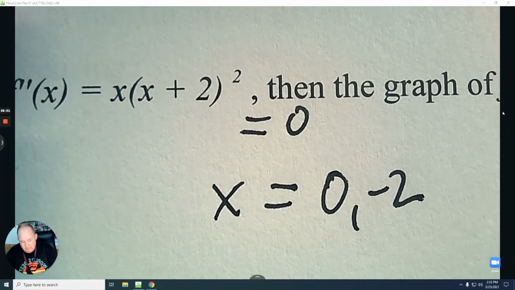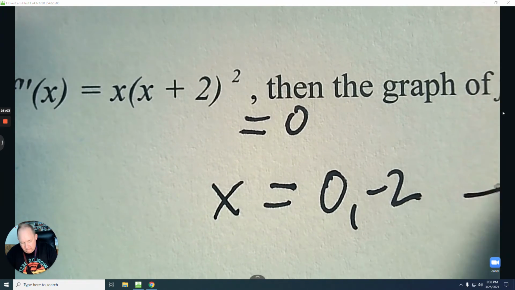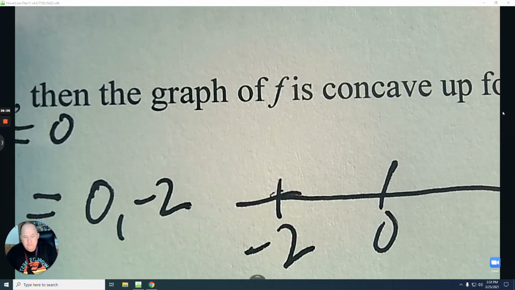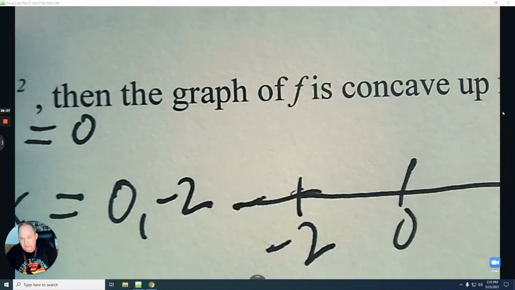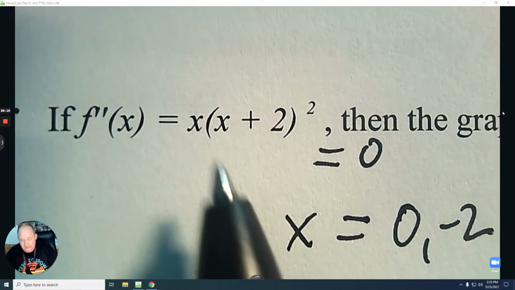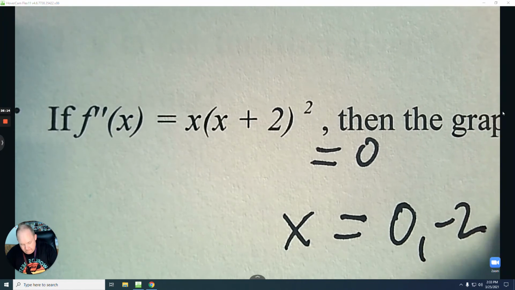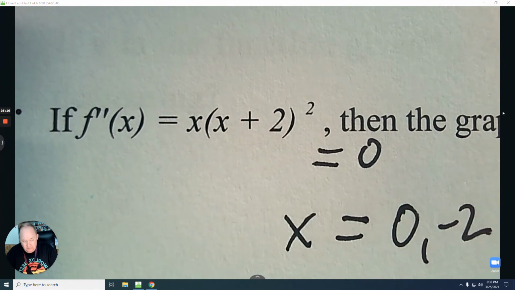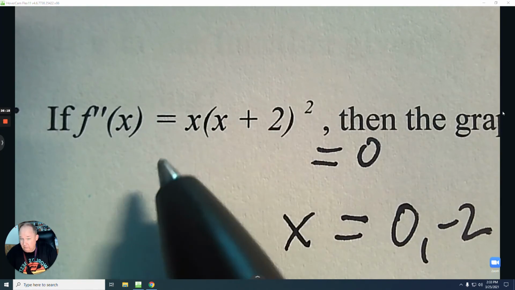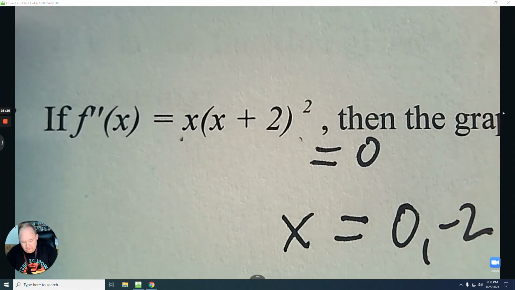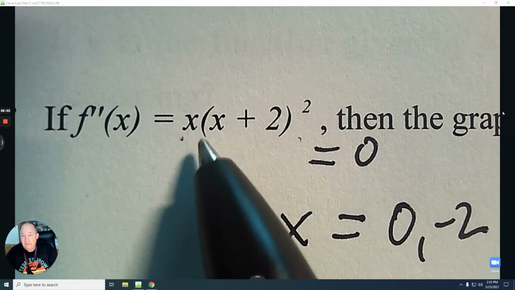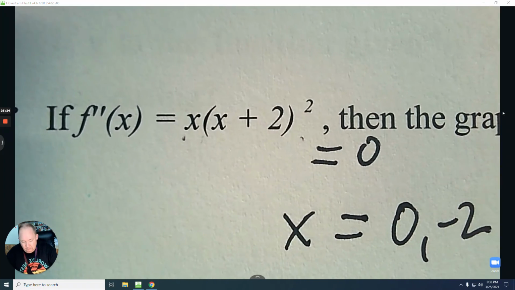If I drew a number line for 0 and -2, if I plug in a number smaller than -2, I would get a negative times a positive. If I plug in a number between -2 and 0, like -1, it's negative times a positive. It stays negative. And then if I plug in a number bigger than 0, that one's positive.